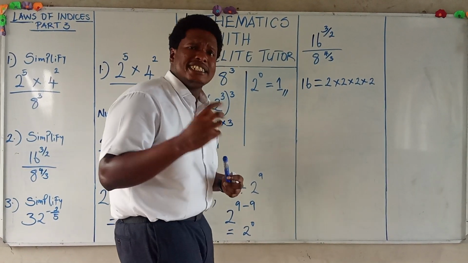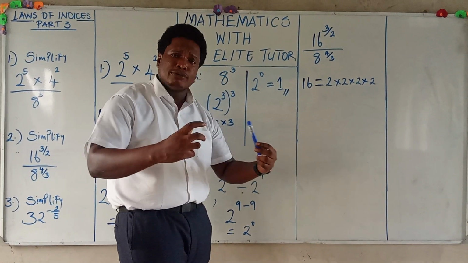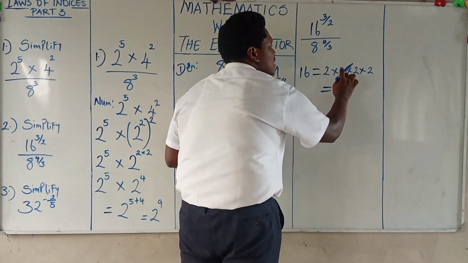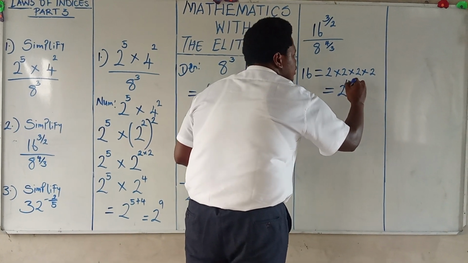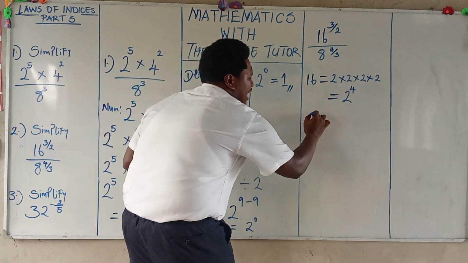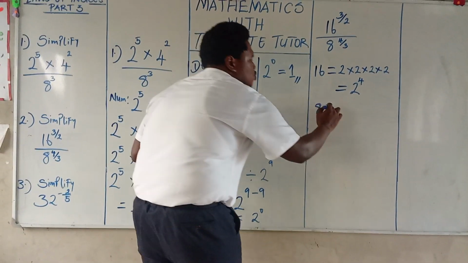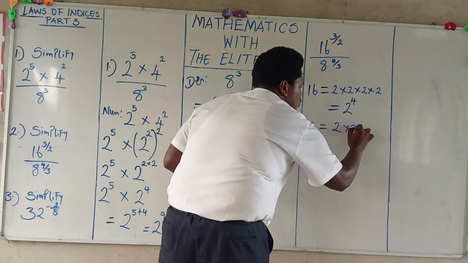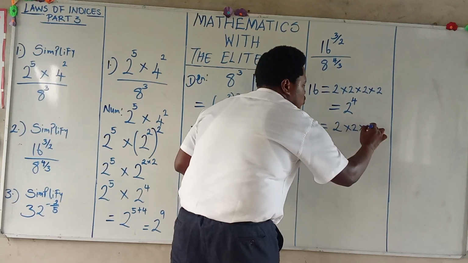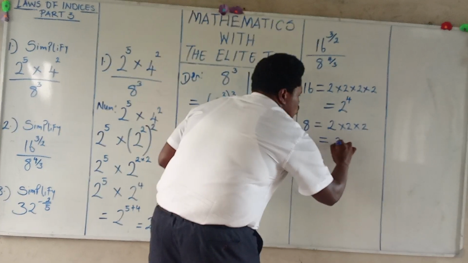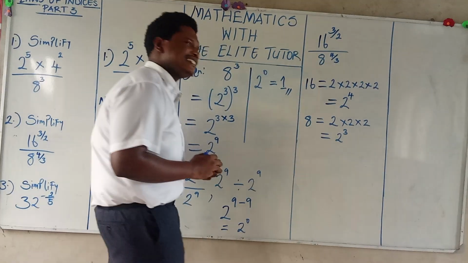That means expressing 16 in terms of 2 gives us 2 raised to power 4. And if you are asked to express 8 in terms of 2, 2 times 2 gives us 4, and 4 times 2 gives us 8. So 8 in terms of 2 gives us 2 raised to power 3.